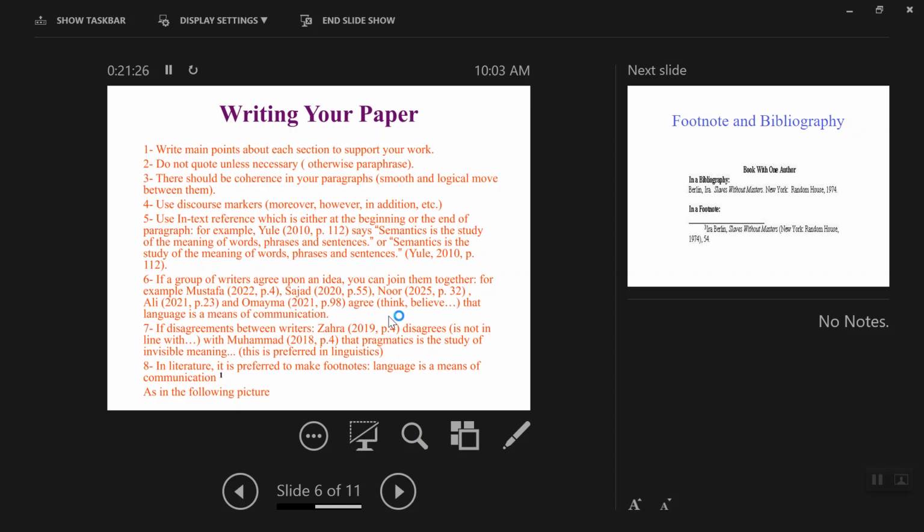Here you want to show the reader that I have read all these sources and found that all of them are similar. And instead of writing one source, you have joined 4 or 5 or 6 sources. So don't use only one source. You have to join them. For example, they think and believe that language is a means of communication.